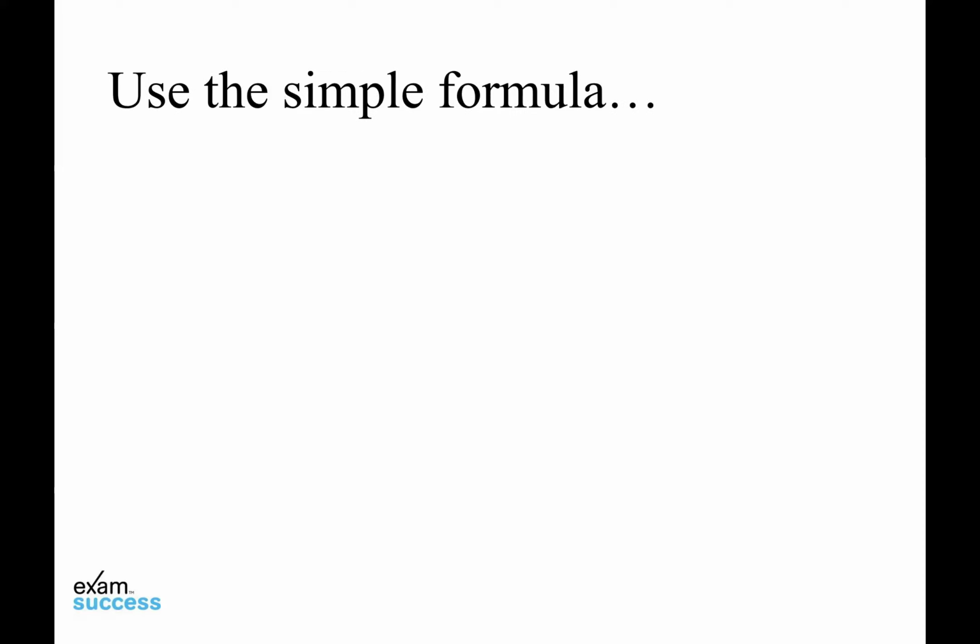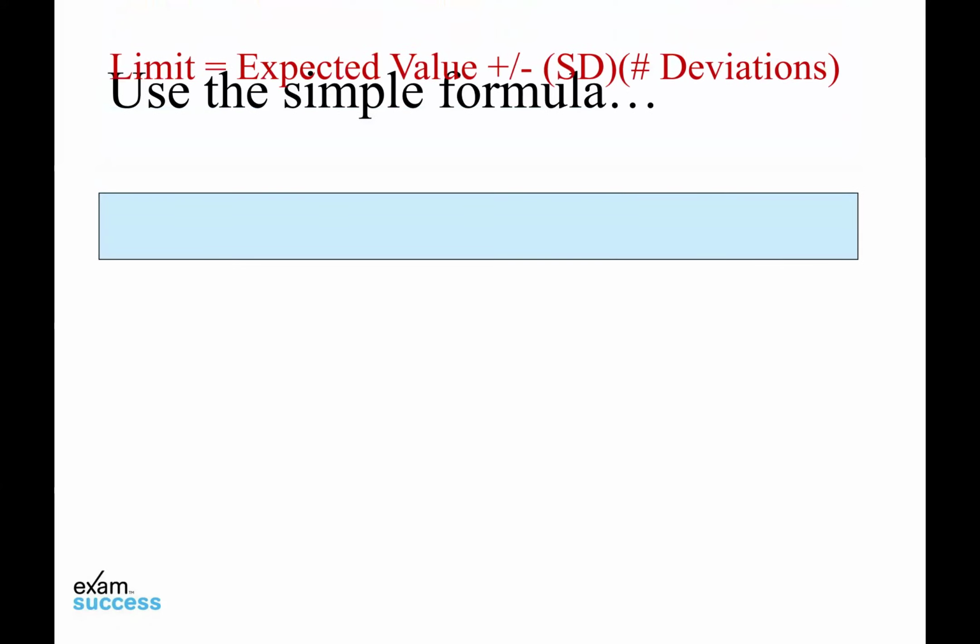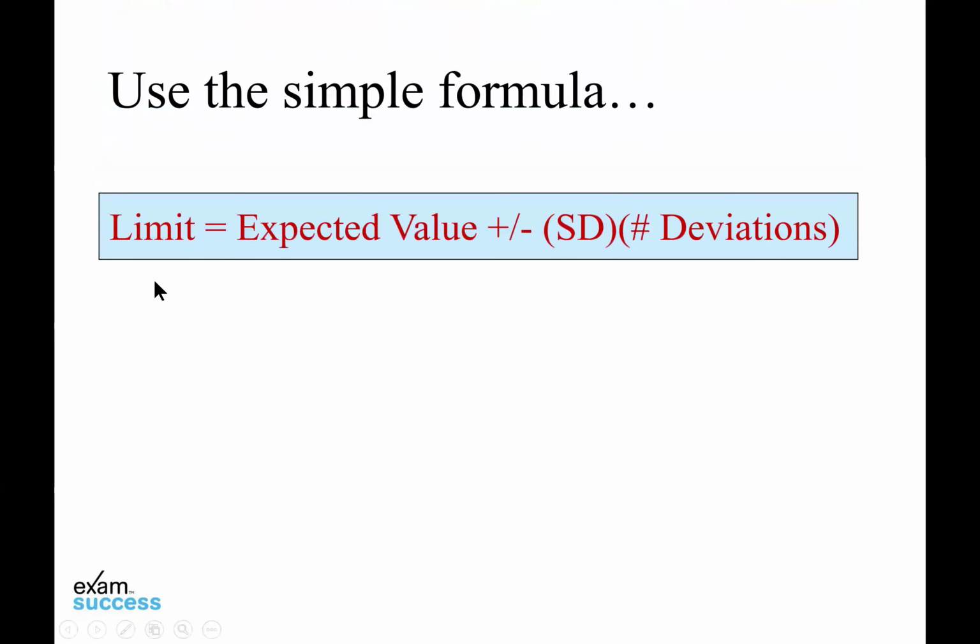Well, we use a simple formula. The formula that we're going to use is the limit is the expected value or the average plus or minus the standard deviation multiplied by the number of deviations away from that expected value.